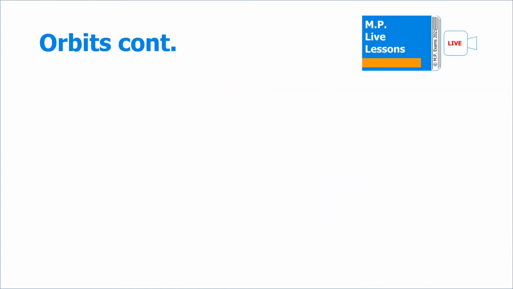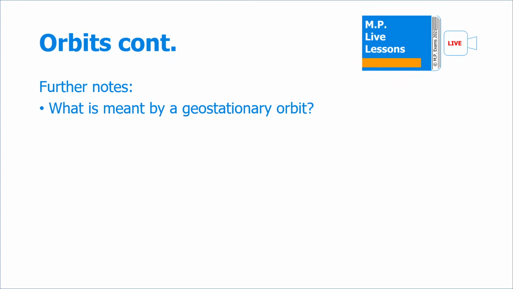Now, some further notes about orbits could be some special orbits, like geostationary orbits. So these are ones that orbit every 24 hours. So that means they observe the same area. So they'll stay focused on one part of the Earth, let's say one country, for example.